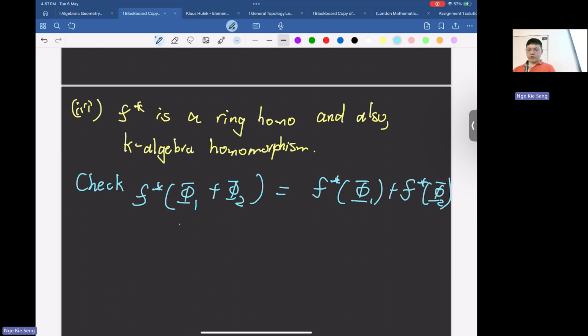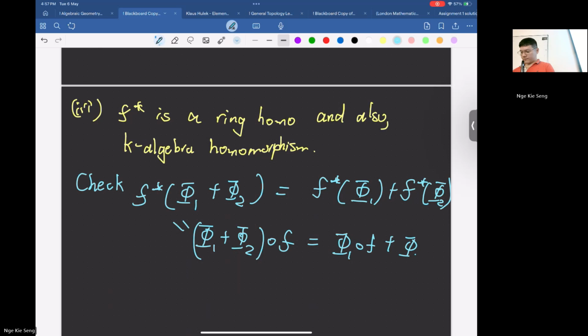So in the middle, what should you pass through? It's just phi 1 plus phi 2 composed with f. Our composition should be distributive. Okay, so you can distribute it. Okay or not?